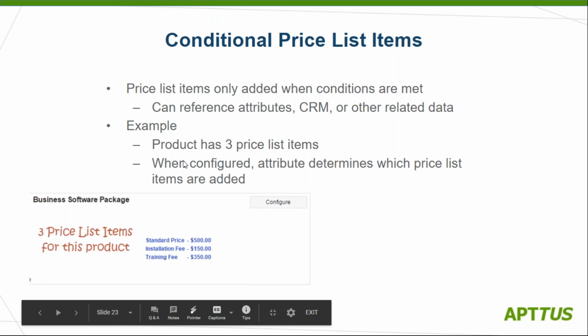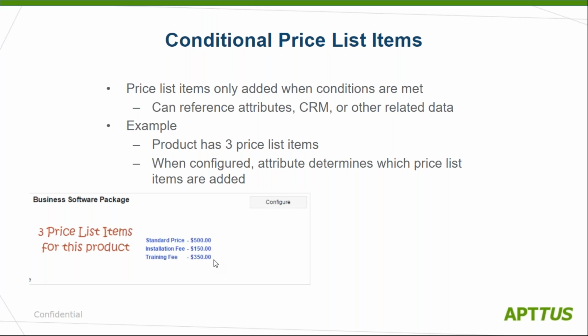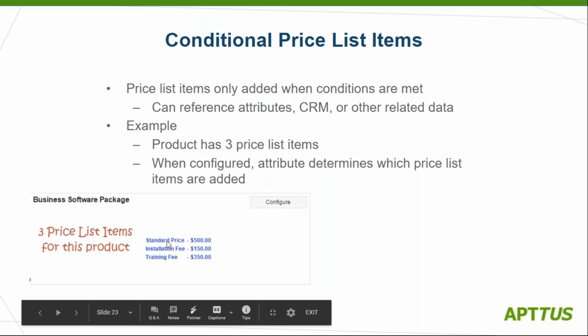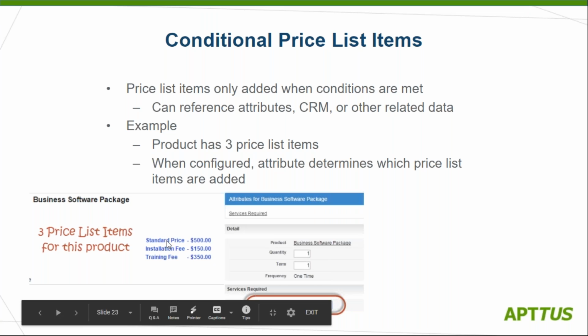In this example, we can see that the product has three price list items: standard price, installation fee, and training fee. Now what we want to do is, on the catalog page, if the customer is selecting training from the services required, then the training fee should be applicable.